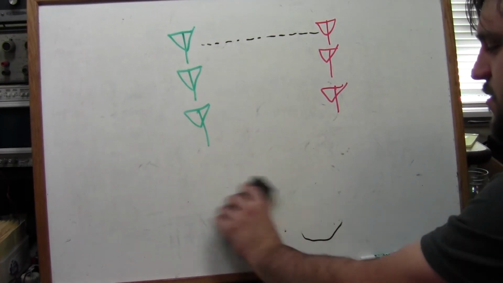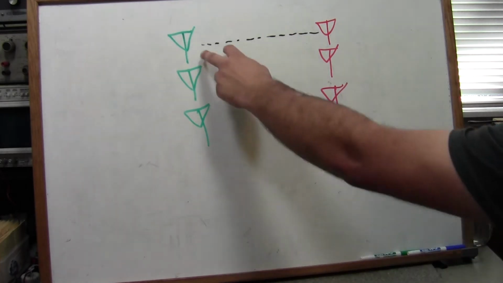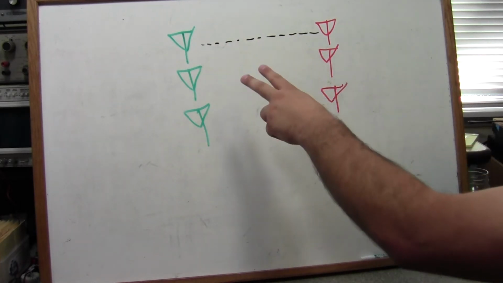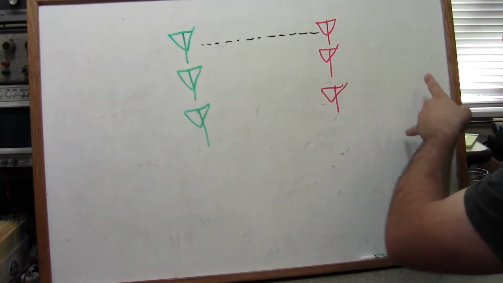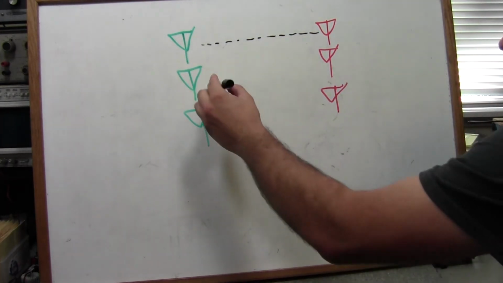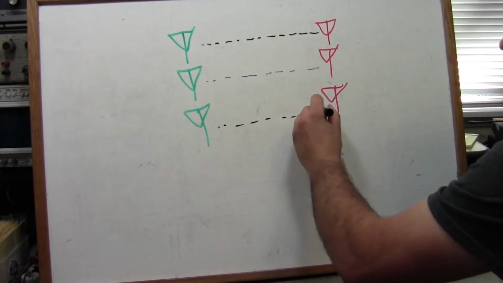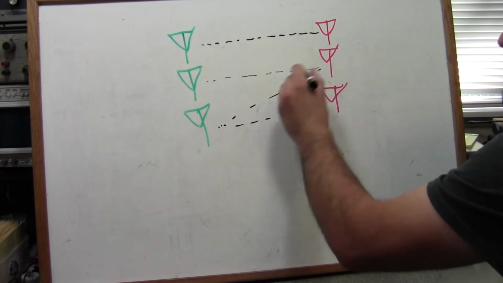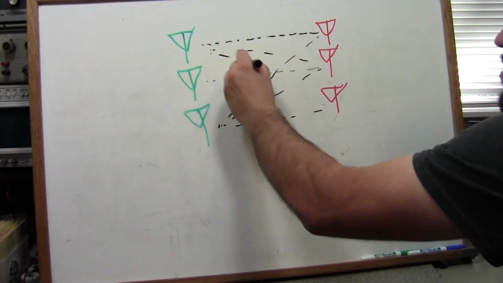In the 1990s, they realized that this could be improved by taking, instead of trying to improve the single link by turning the power up, instead improve the station-to-station link by having multiple antennas. When you have this array of antennas here, suddenly you're no longer talking about a single link, but you're talking about a link between each antenna.